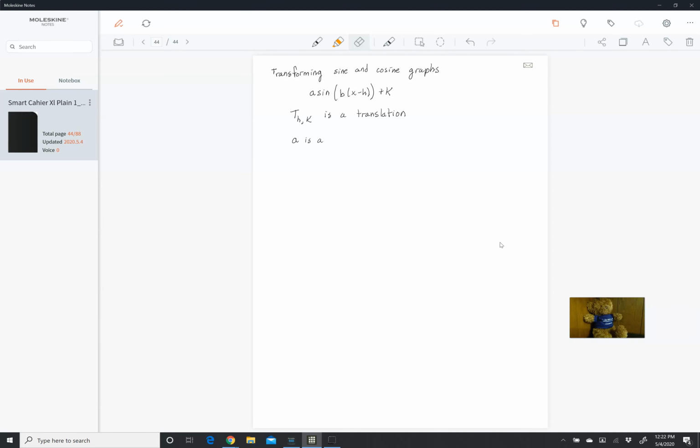A is a vertical stretch or shrink. A is equal to the amplitude. If you work in music, whenever you want to make a sound louder, you use an amplifier. So A is equal to the amplitude.